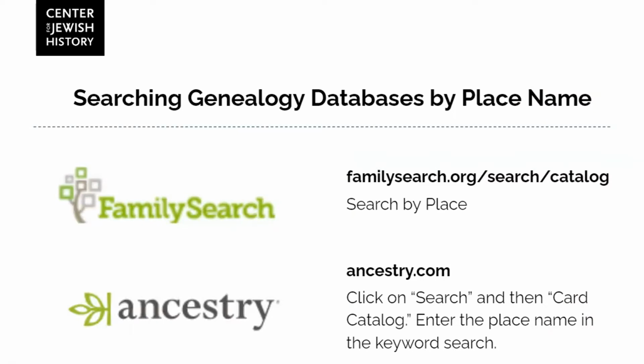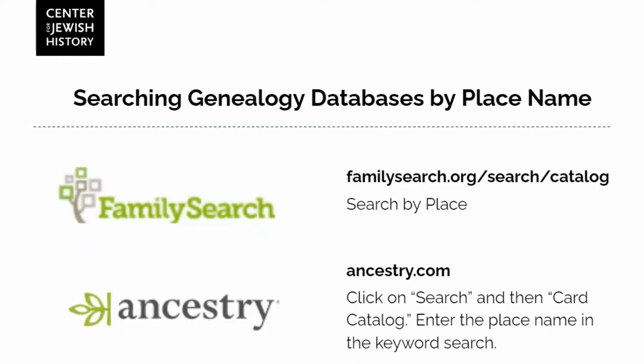While most of you are familiar with searching the major genealogy databases by entering the name of a particular ancestor, you can also search these same databases by entering the name of one of the places where your ancestors lived. And this is how you will discover local history resources that are available to you online.